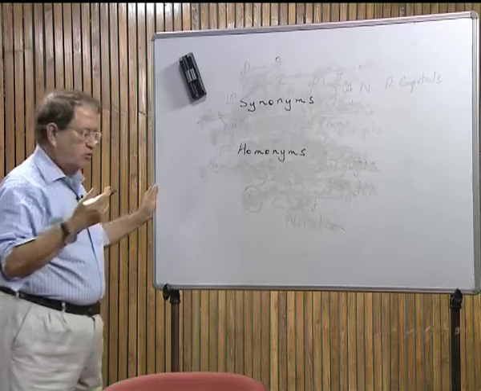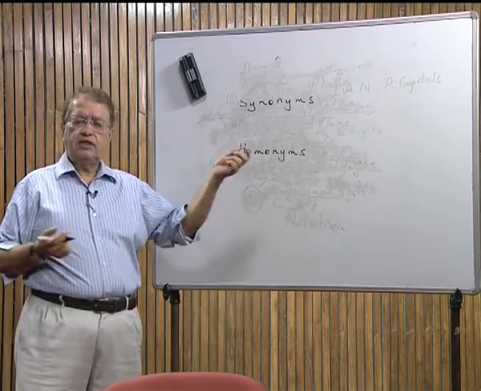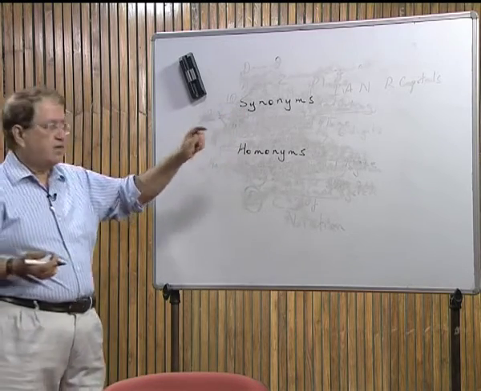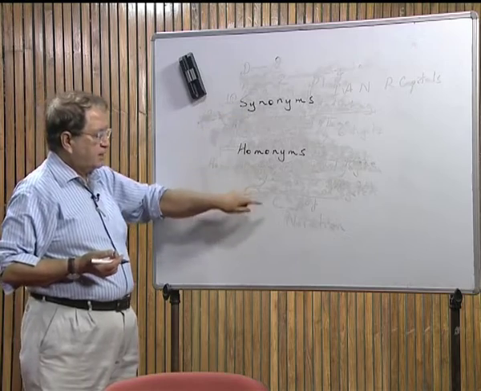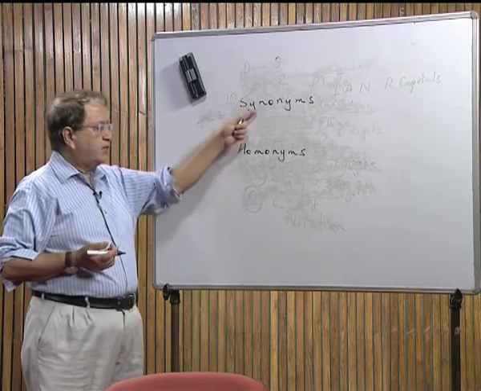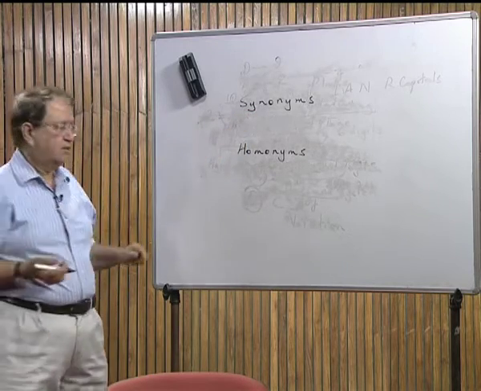You already know what synonyms are, two words which mean the same thing, and homonyms, one word which has many different meanings. Now, this happens in natural language. That is why we are representing natural language terms by symbols. Now, these symbols should not inherit these problems that already exist in natural language.